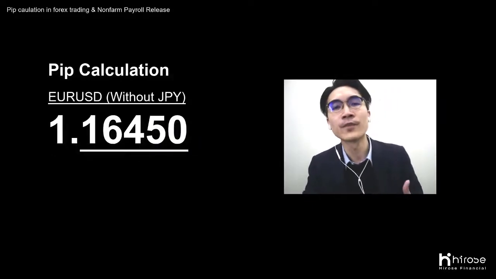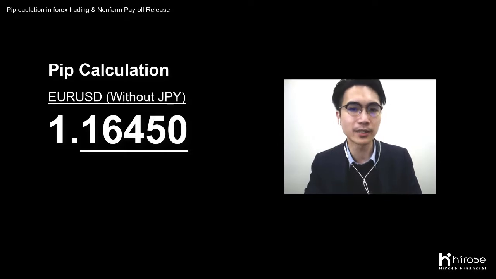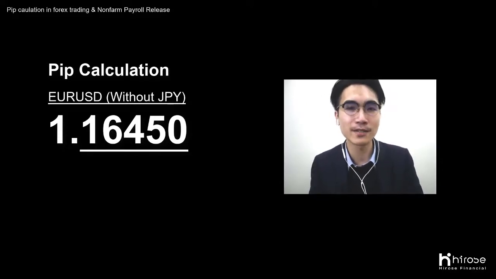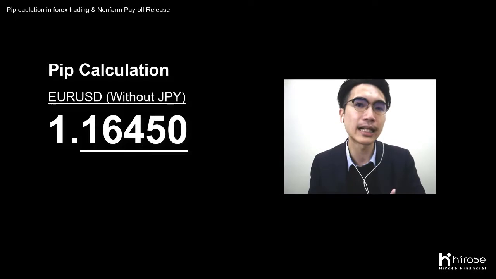For Hirose's trading platform and the other platform, for the currency pairs that are without Japanese yen, for example, Euro and US dollar, it's gonna display until 5 decimal places, which is this price here.